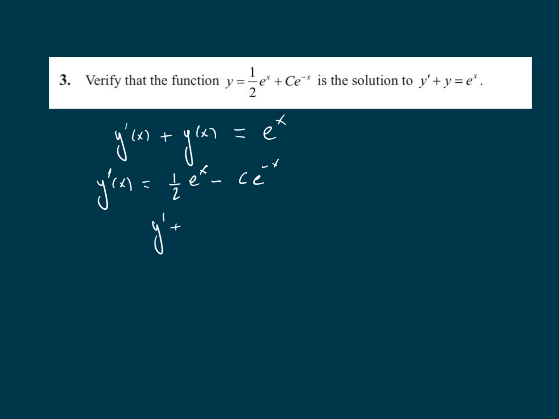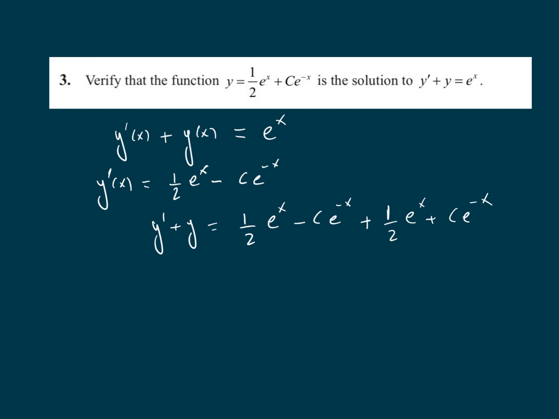So 1/2 e to the x minus c e to the minus x, and I add y, which is 1/2 e to the x plus c e to the minus x. Let's solve here.